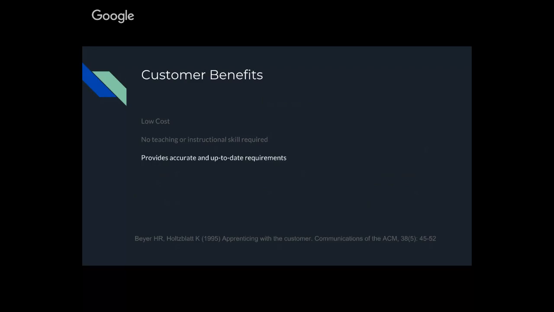Oftentimes, we might run into users who have multiple sets of employees using the application in one way or another, and may or may not be involved in different portions of that application. This allows the analyst to get a breadth view through interacting with the work environment that the application will be in.